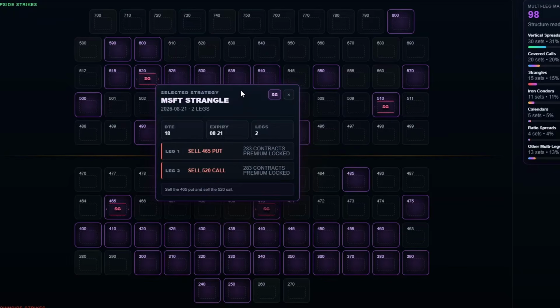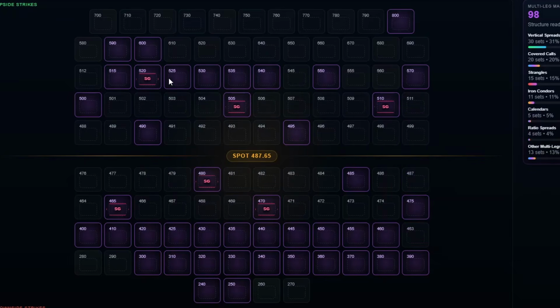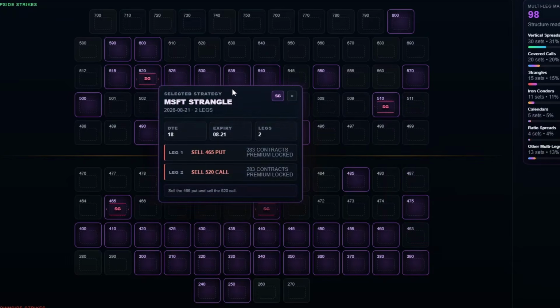This is interesting. It's not that huge of a position compared to some of these positions, or the spread positions, but these are essentially what you call naked positions. Essentially, you're selling a call position at 520, and you're selling a put position at 465.